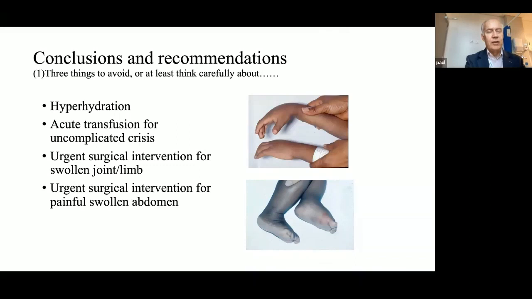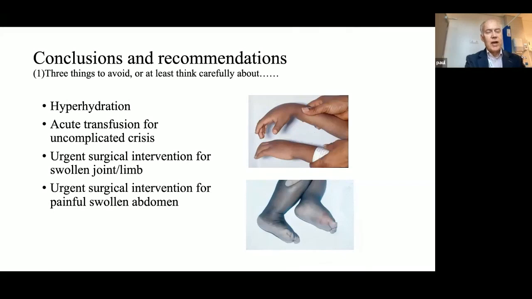This is generally not the case. Obviously, hydration is needed, and certainly if the patient's dehydrated, that can be helpful. But just general protocolized overhydration is not a good thing to do, and certainly in acute chest syndrome can actually be damaging.